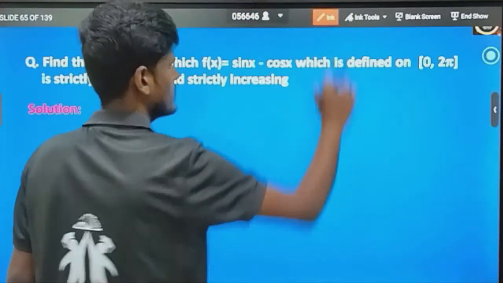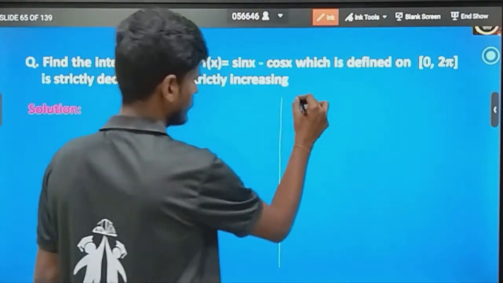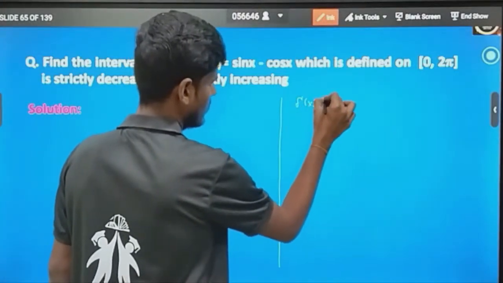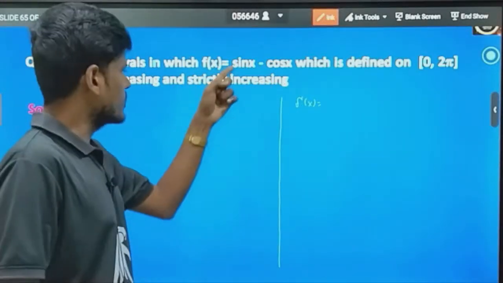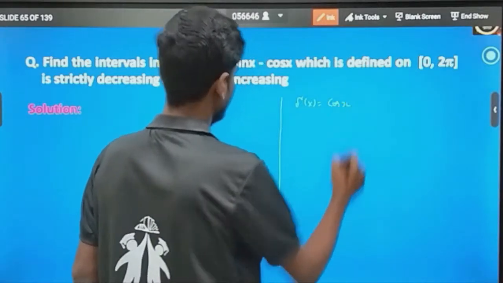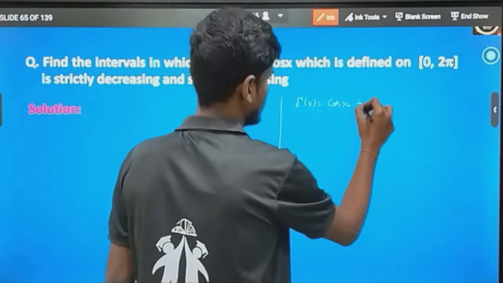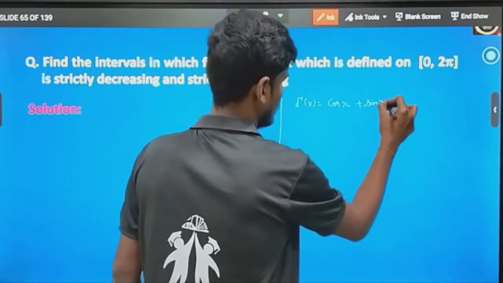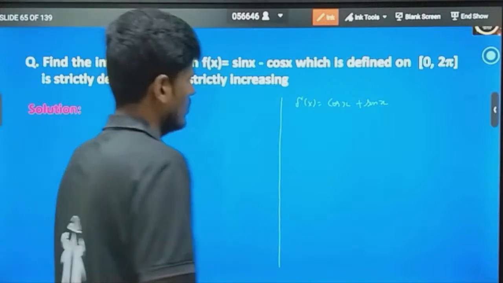Now again, what is the procedure, students? First we will write f dash of x. What is f dash of x? Differentiation of sin x is cos x, and differentiation of cos x is minus sin x. So here minus into minus will become plus. So this will be cos x plus sin x.